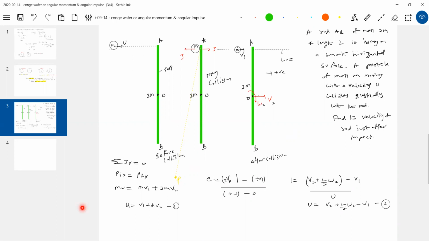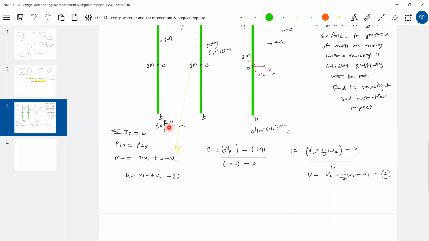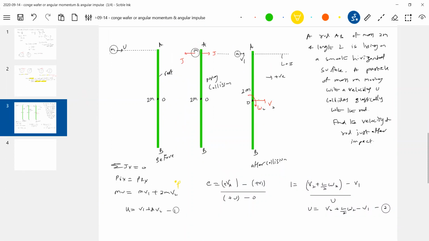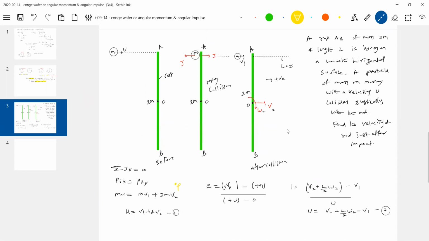This is the most fundamental thing. So what should I conclude here? I'll show it by yellow color line so that it will be easy for you. So what is the conclusion?